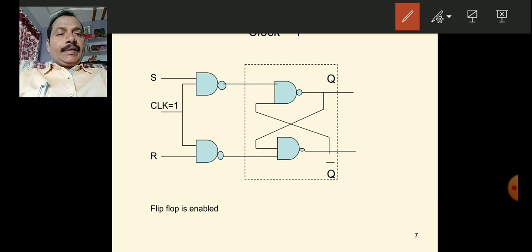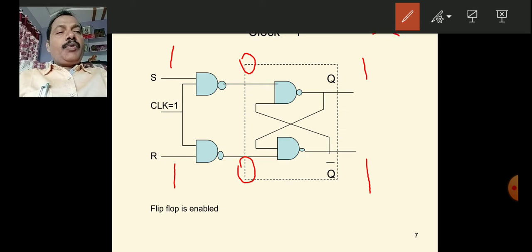Okay. Next, 1 1. So the clock is 1, S is 1, R is 1. Here also one of the inputs of the NAND gate is 0, so the output is 1. Here also one of the inputs of the NAND gate is 0, so its output is 1.